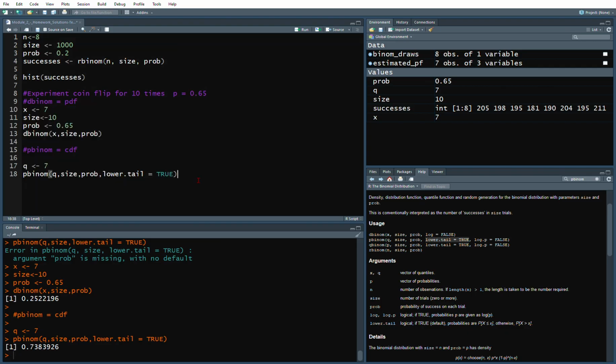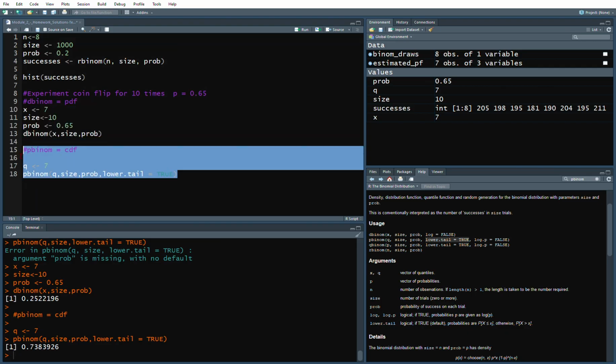Now let's go to another one. The question is, what is the probability of getting at least 6 heads in 10 flips? That means we need to use the upper tail, that is, the probability that X is greater than or equal to x. So if it's greater than 5, that means it is 6 heads or more, right? So we need to use that function here.